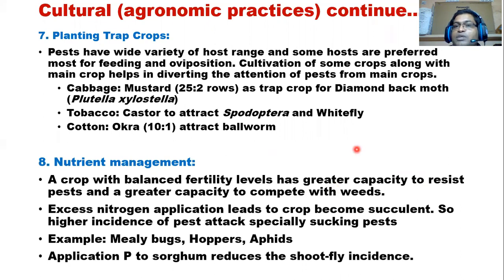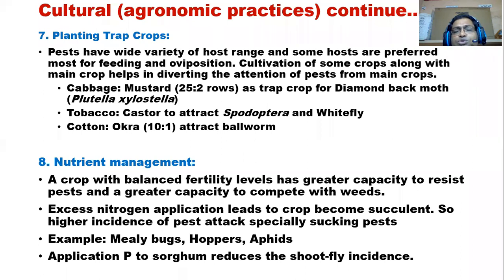So with nitrogen application there are more chances of leaf hopper and sucking pest attacks. That's why you have to use organic amendments with balanced doses of NPK. You can use slow-releasing fertilizers.